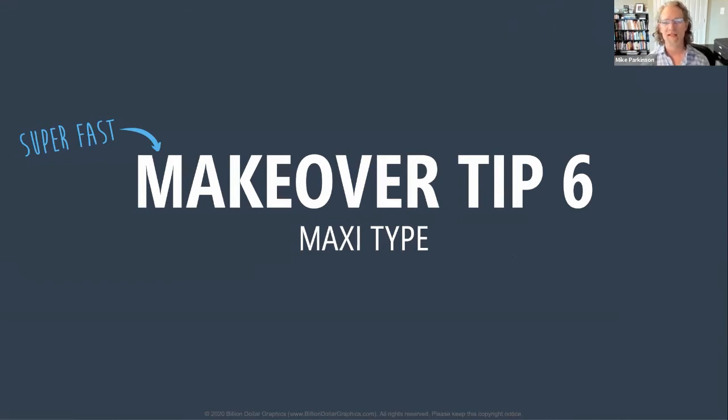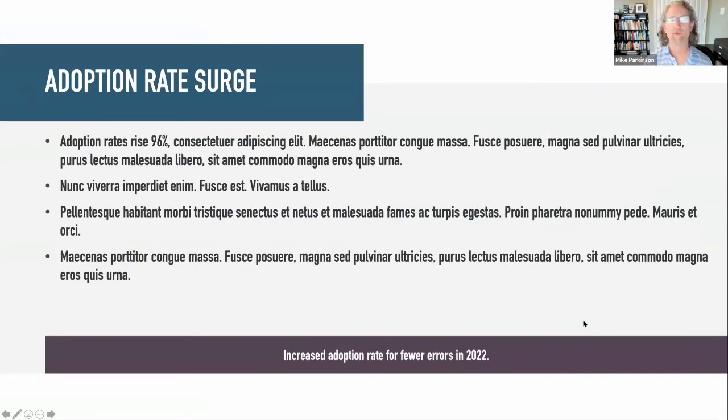The next makeover tip is loosely called Maxi Type. When I say Maxi Type, there is a new style, and it's not that new, but it's a style of creating your decks that maximizes or uses type as a key design component. So this would be a typical slide. It's using bullets, so I'm not going to necessarily pay a lot of attention to it. But what's the most important thing on this slide?